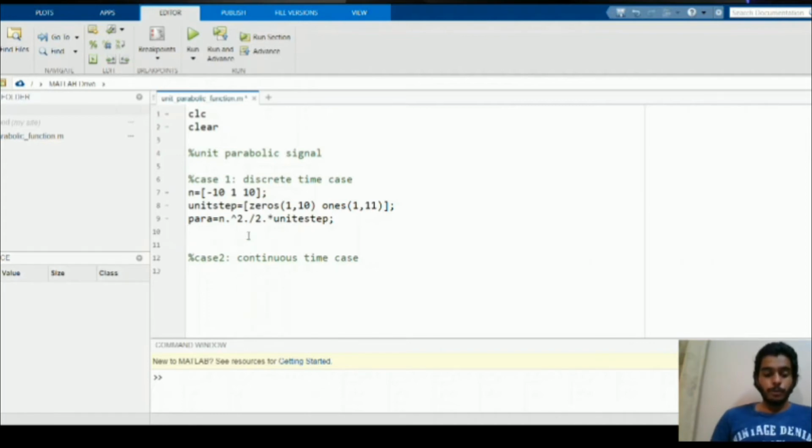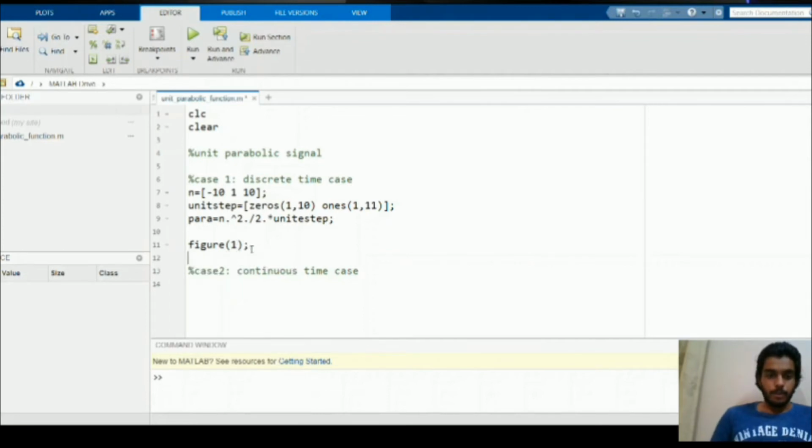Now we need to plot the figure. Here we have given our points to be plotted from n equal to minus 10 to 10, and we have defined our function using unit step and parabolic function. Now we need to plot the graph. Let us write figure 1.